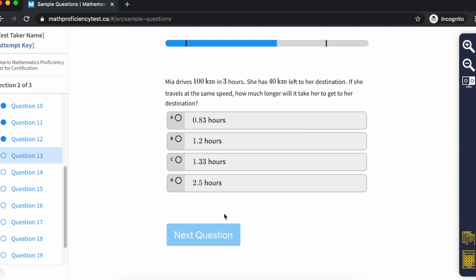Question 13. 100 kilometers in 3 hours, 40 kilometers left. If she travels at the same speed, how much longer will it take her to get to the destination? Okay, so we want to know what that speed that she's traveling at is. And our speed is going to be in kilometers per hour.